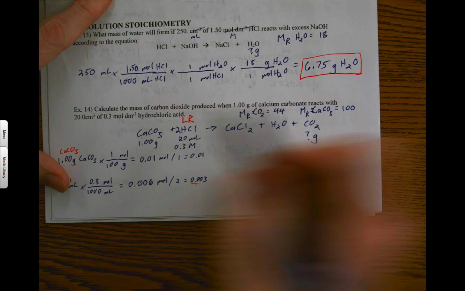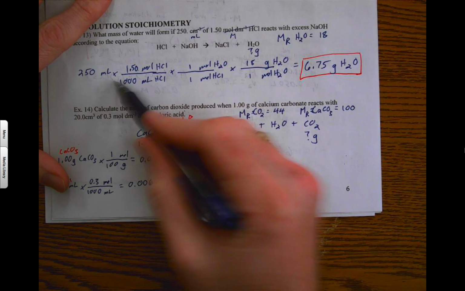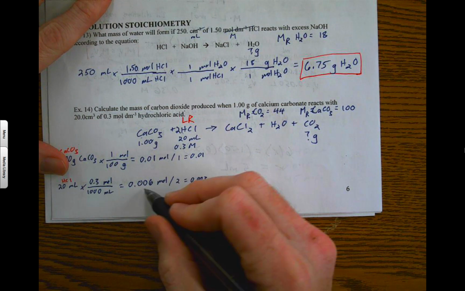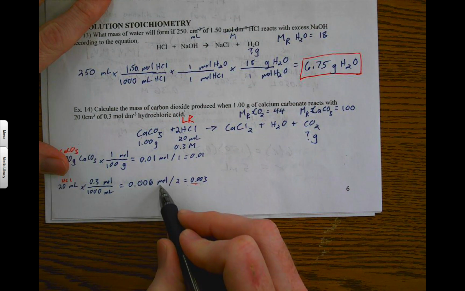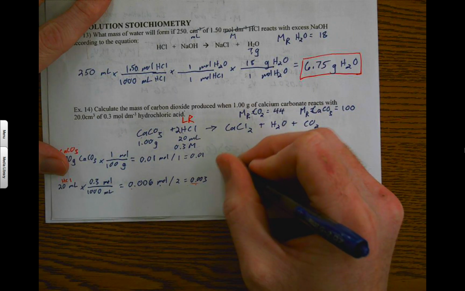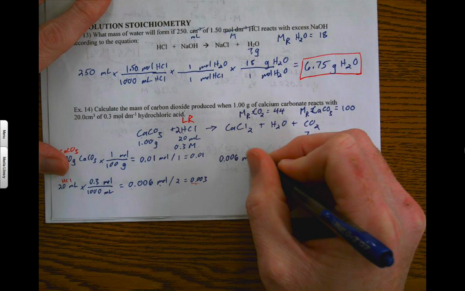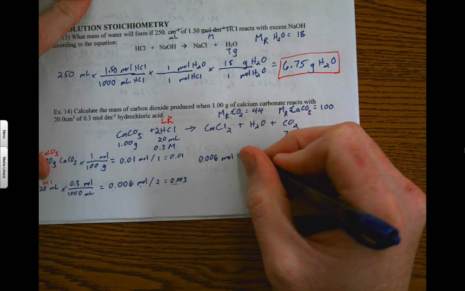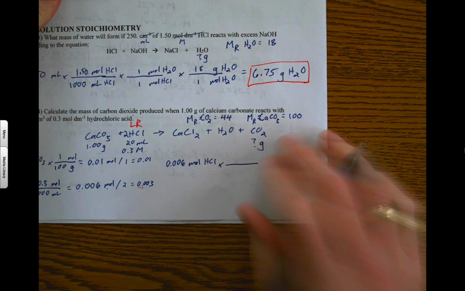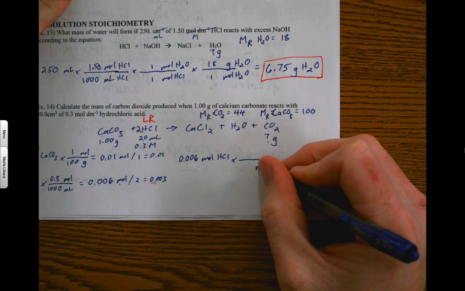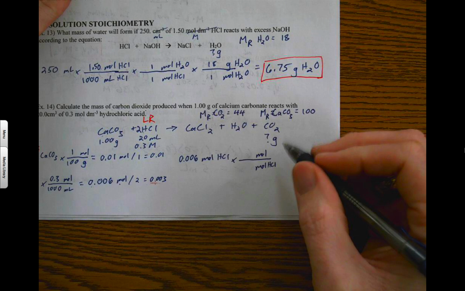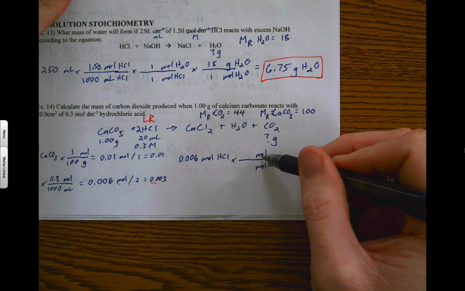Now we're going to change it and find the mass of carbon dioxide, which is going to look super similar to the one above it. So I'm going to do the cheap way. We already found the number of moles right here, right? 0.006 moles of HCl. So I'm going to shorten the step, because it's a timed test, and I'm trying to move as quick as I can. Moles of HCl, and I'll change to moles of CO2.